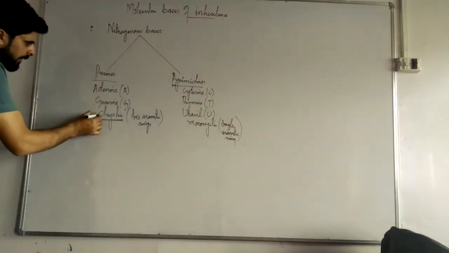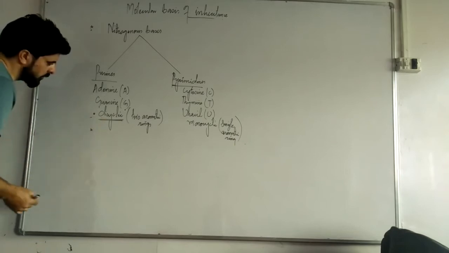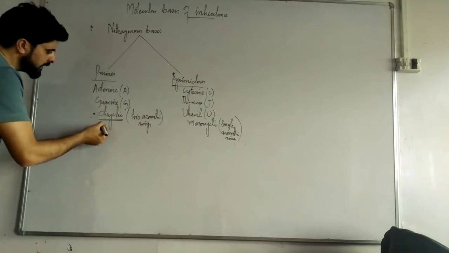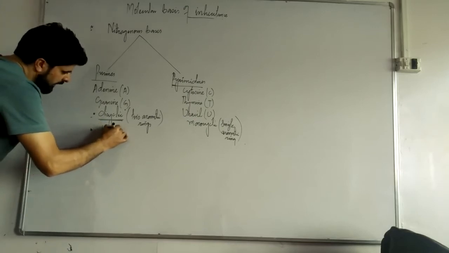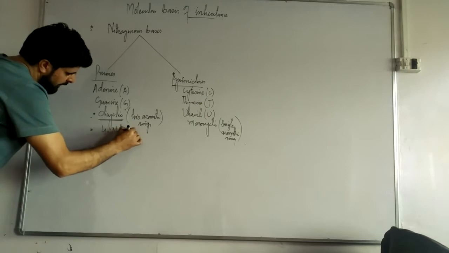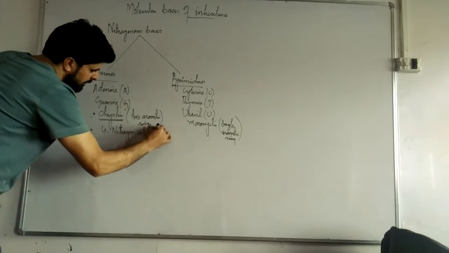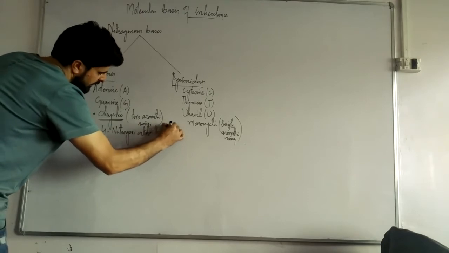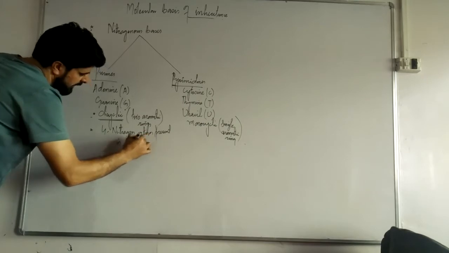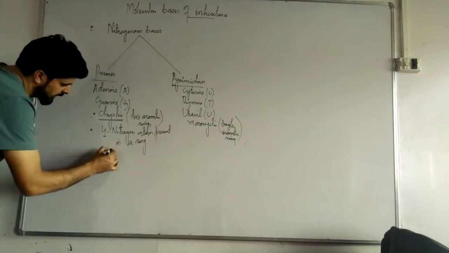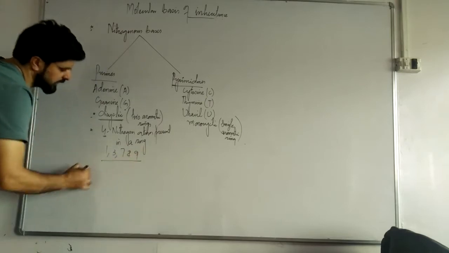Next point about the purines: there are four nitrogen atoms present in the rings, and the positions of the nitrogen atoms are 1, 3, 7 and 9. We will see the structure later on.